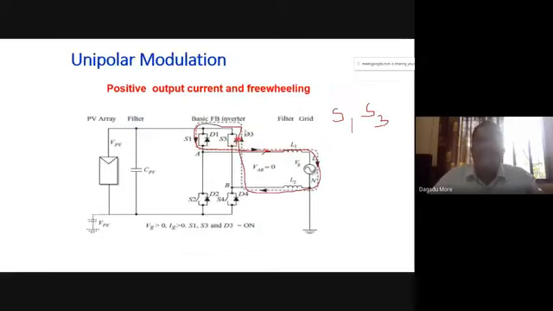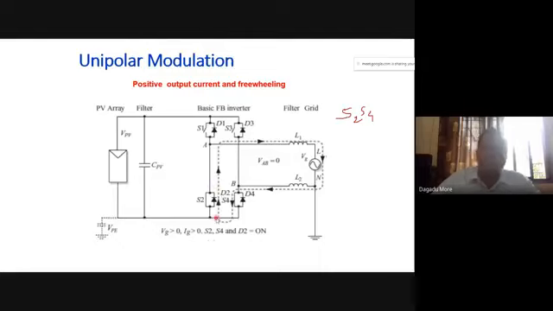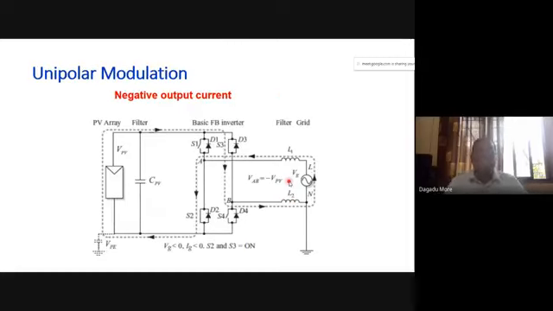Whenever S1 and S3 are on, because they operate at high frequency, whereas our output current has just the 20 millisecond period of positive half remaining, so many switchings take place. So freewheeling takes place with S1 and S3 on, and also with S2 and S4 on, for positive current. We can discuss a similar situation when the output current is negative.